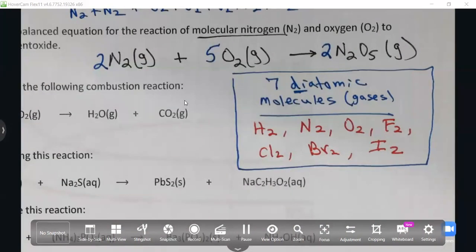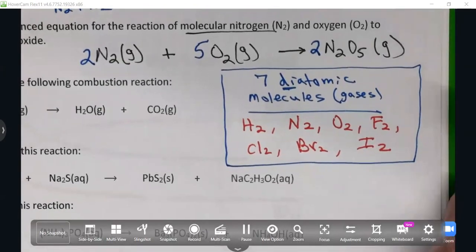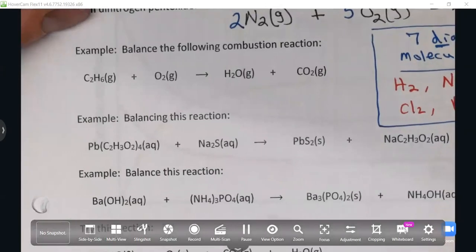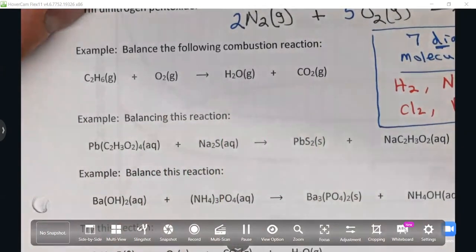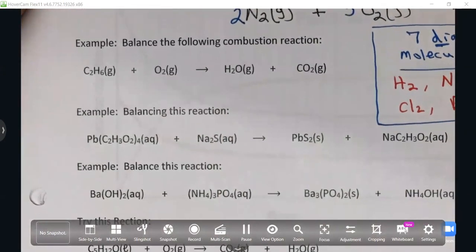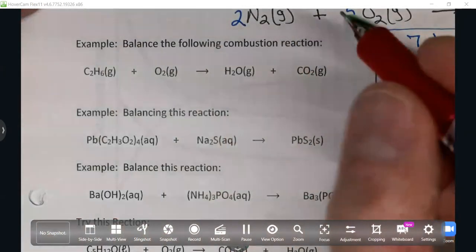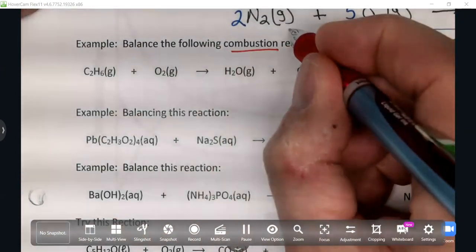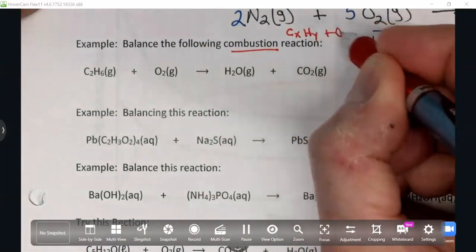Okay, let's do the next one for this combustion reaction. So we have C2H6 plus O2 yields CO2 plus H2O, carbon dioxide plus water. And this is just very typical of a combustion reaction where you have CxHy plus O2.